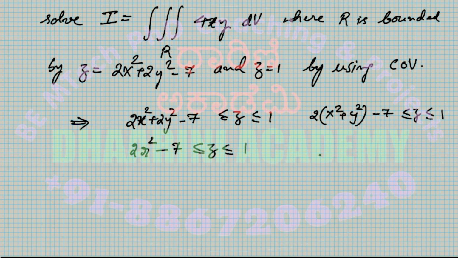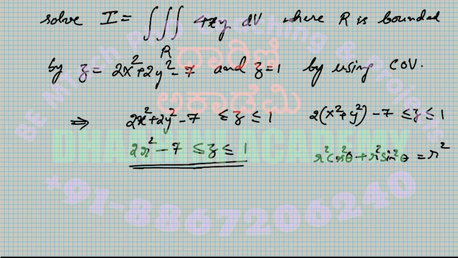What is x square? X square is r square cos square theta, already we used it in the polar system. What is y square? R square sin square theta. Take out r square into 1, so it's simply r square. So 2r square minus 7, equal to r square. Apply this over there, you got this. This is the limit for r.